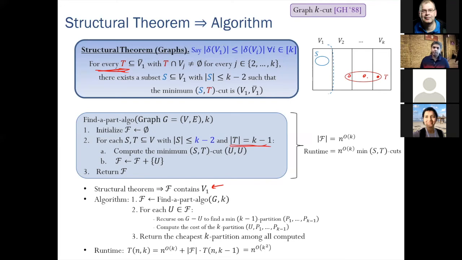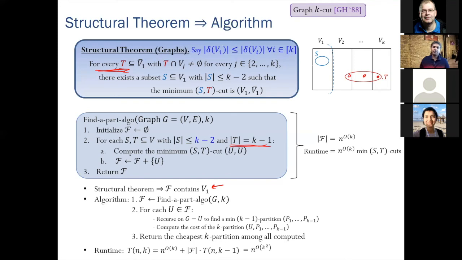Any other questions on this approach by Goldschmidt and Hochbaum for graph K-cut? You also mentioned that there are special conditions on the uniqueness of the K-cut. I assume those two simplifying assumptions, that the minimum ST cut is unique for every choice of S and T, and the optimum V1 through Vk is also unique. So the structural theorem holds only under these conditions, or they use them for something else?